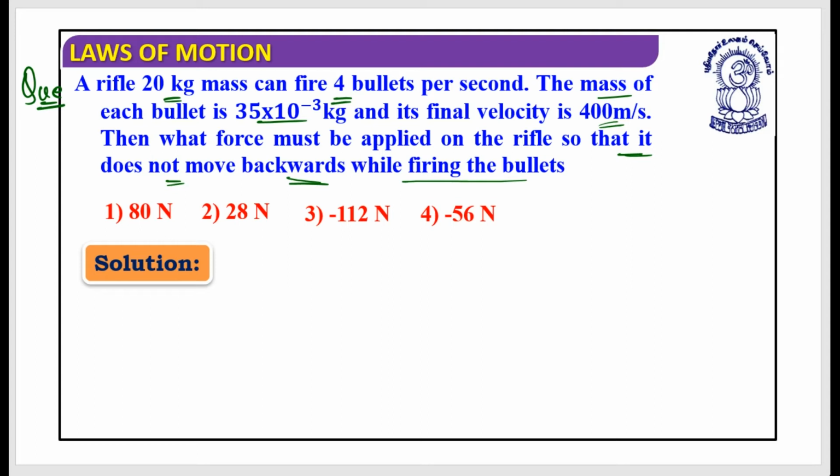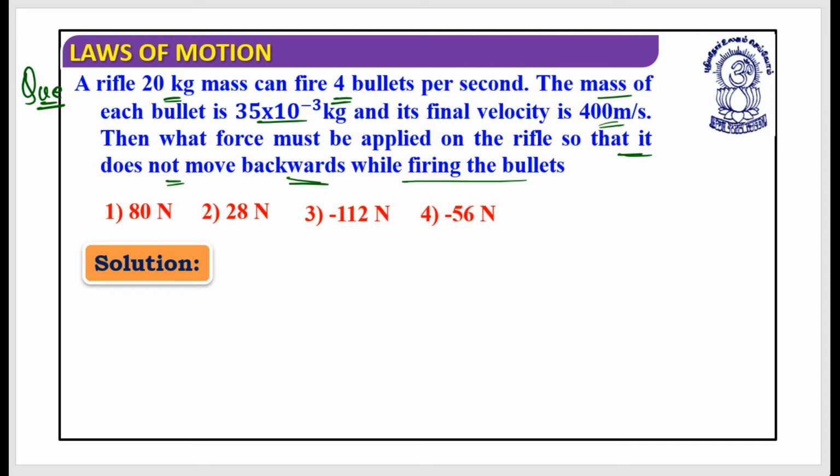Yes, we understood that when we fire bullets from a gun, it will recoil. When I say recoil, that means if bullets are moving in the forward direction, then the gun will be moving in the backward direction. So they want the force which could be applied on a rifle so that this rifle does not move backward.